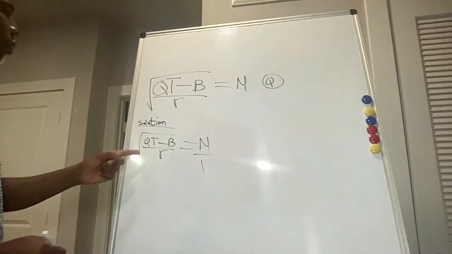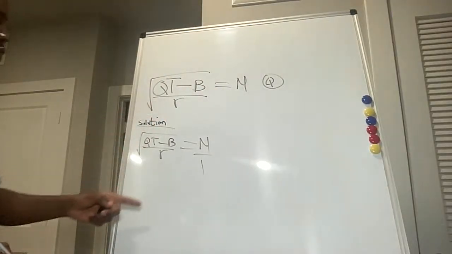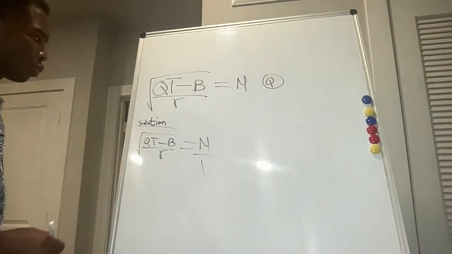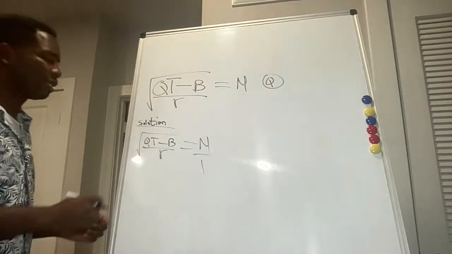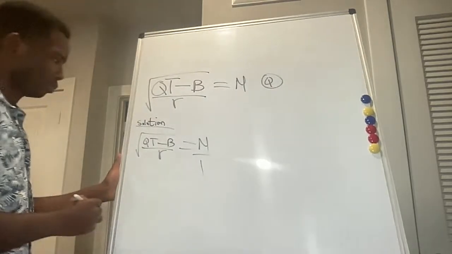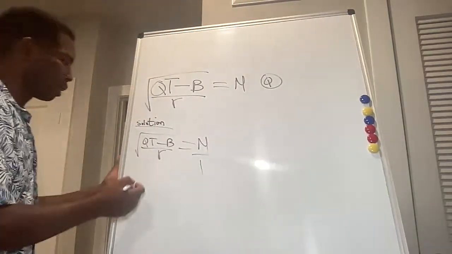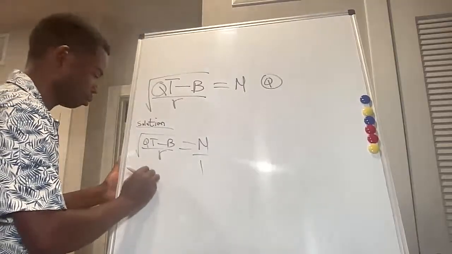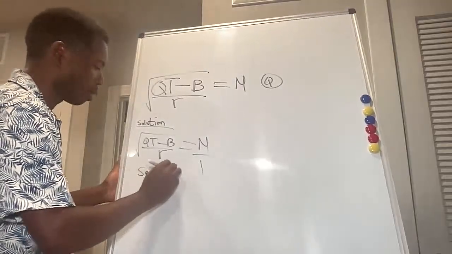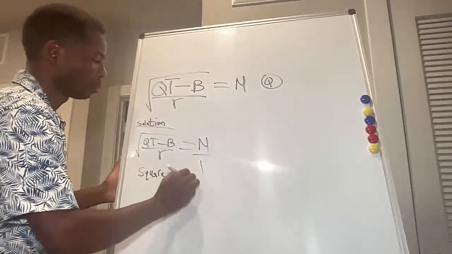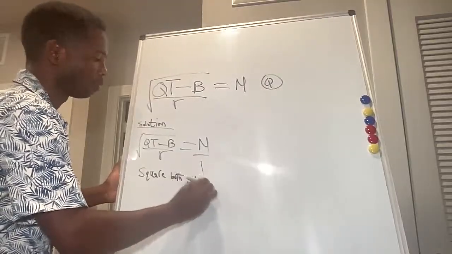Now, we are making what? Q, but q is under what? Square root. So firstly, let's remove square root. How do you remove square root? Square both sides of the equation.